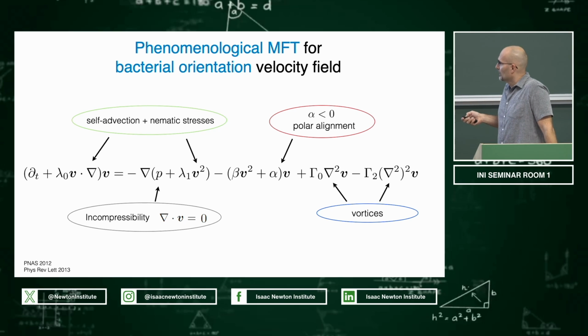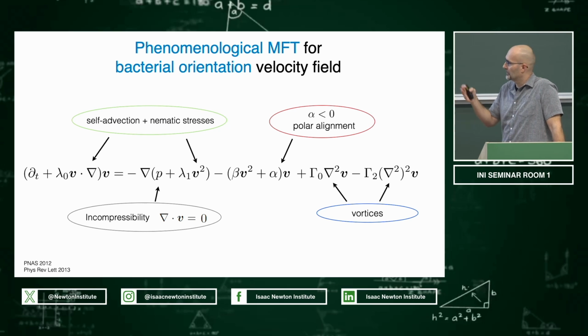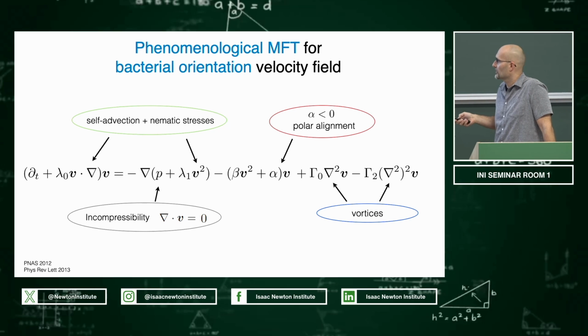The model up to here, without the last term and with a positive gamma naught, would be an incompressible Toner-Tu model. You have effectively an advective term, so the prefactor here does not have to be 1 if you are close to a boundary with a solvent and you have a non-equilibrium system, or you can also motivate it by thinking about the closure of a nematic tensor, so that gives you a modification of this prefactor.